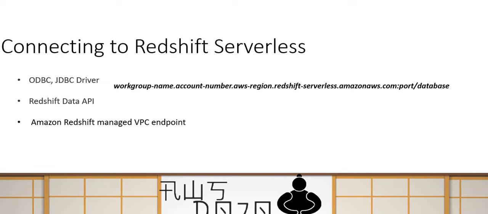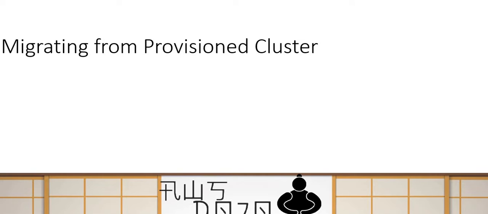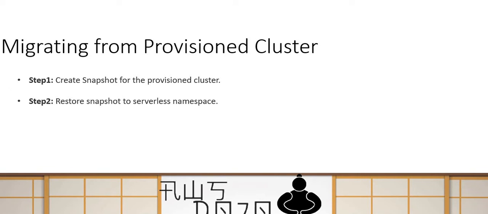Okay. So how do I migrate from an existing cluster? If I'm running some cluster on DC class or DS class or RA3, how do I migrate from there to serverless? Well, it's a simple two-step process, like any other migration within Redshift clusters. In step one, you go to a provisioned cluster and take a snapshot of that cluster.